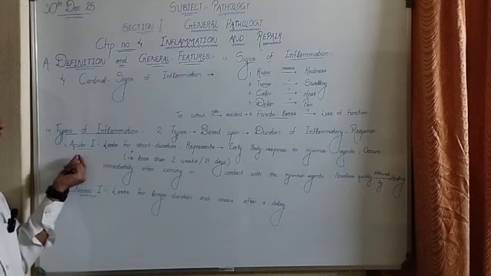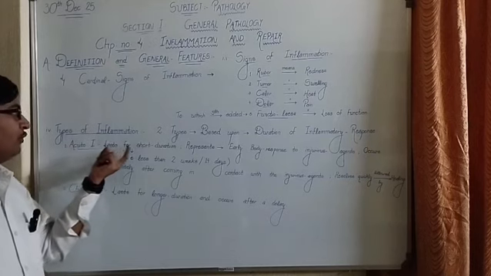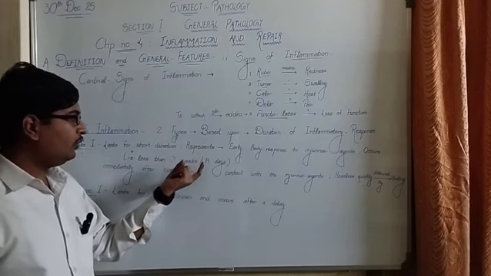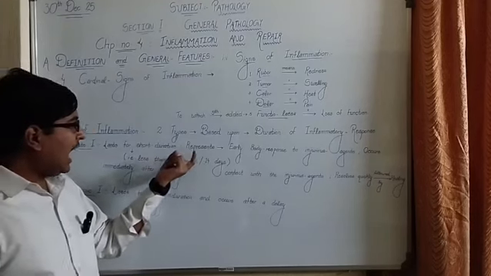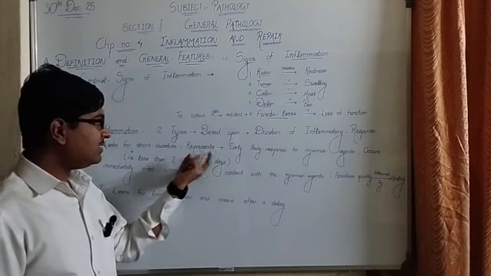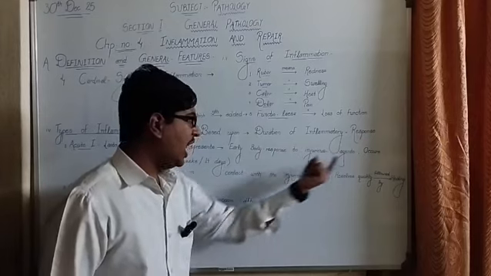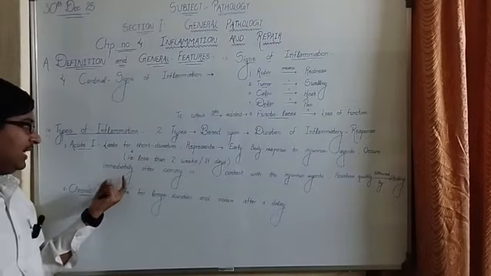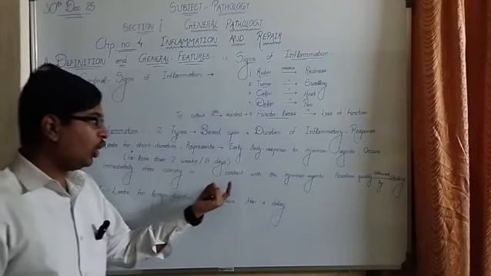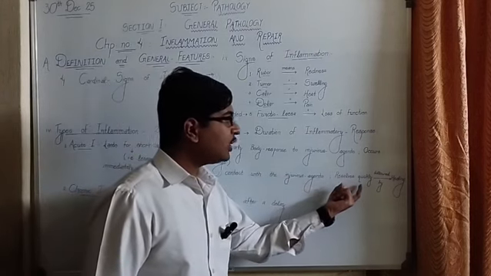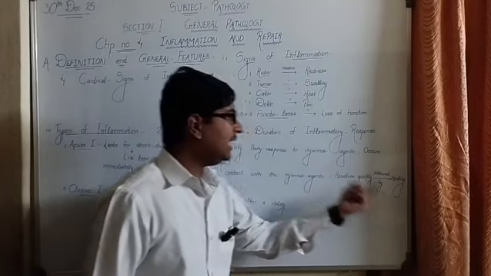First, acute inflammation. It lasts for a short duration, that is for less than 2 weeks or less than 14 days. Acute inflammation represents the early body response to the injurious agents. It occurs immediately after coming in contact with the injurious agents, and it resolves quickly, followed by healing.